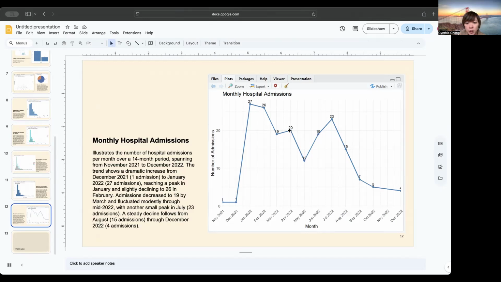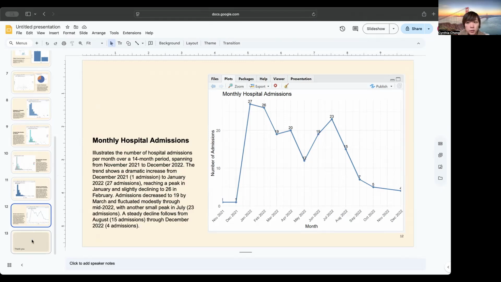It goes up slightly in May, mostly goes down again, and goes up in June and July, with a drop in August and September, and then slowly decreasing from October to December.